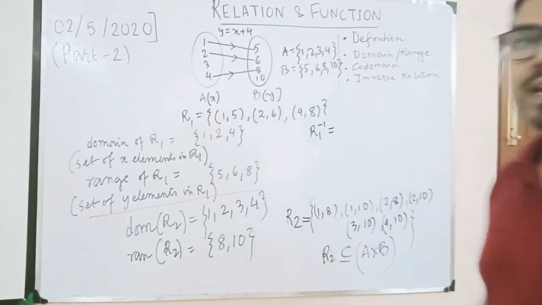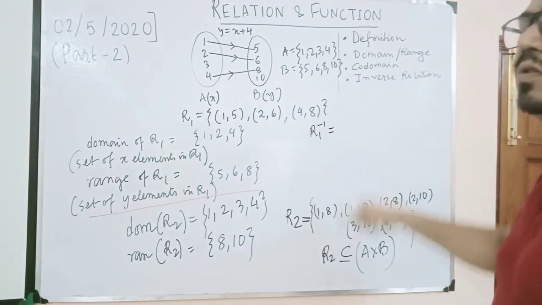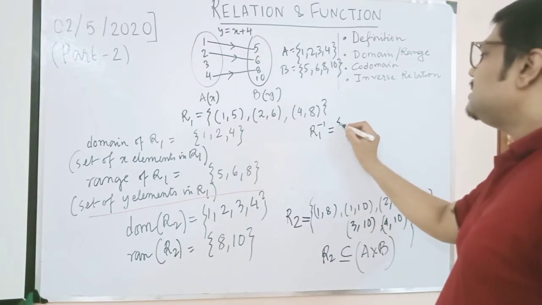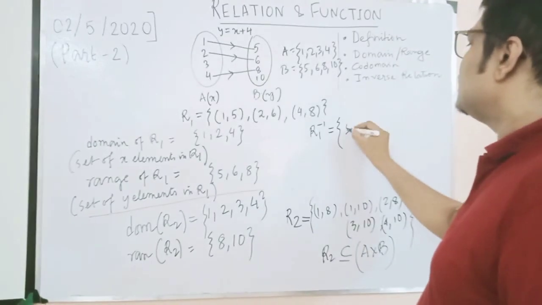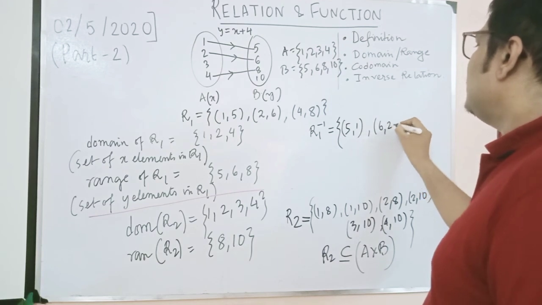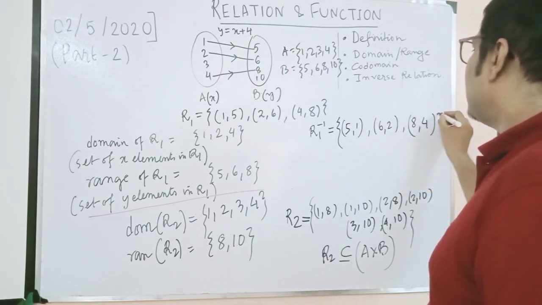Its notation is like R1 to the power minus 1. Okay, so that is how it is represented. So inverse relation is nothing but you have to just swap the elements. So it will be 5, 1, 6, 2 and 8, 4. So this will be R1 inverse.